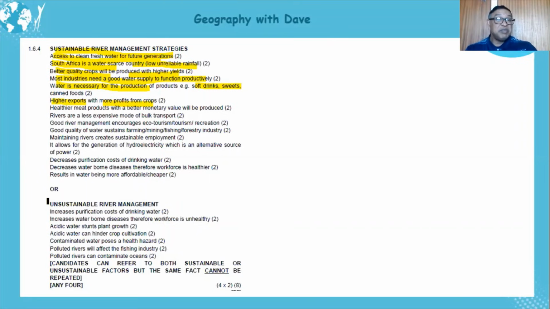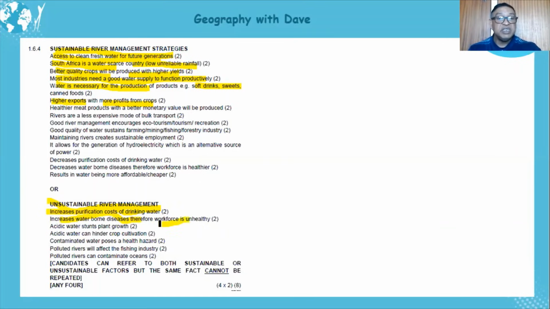I see the examiners gave you the effects of unsustainable, which is correct. They did the correct thing. All right. Because you have to look at both ways. Because the question says, why is it important? Because if you don't have it, this happens. Can you see it? So they even went on to unsustainable river management. It increases purification costs. Isn't that relevant? Because now if it's unsustainable, you have to spend more purifying water. It increases waterborne diseases.